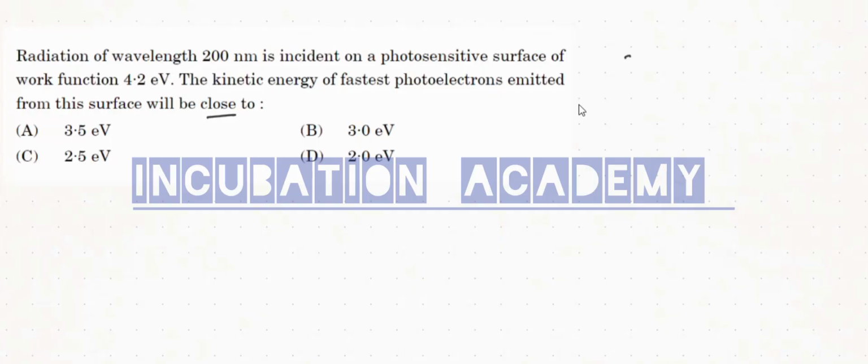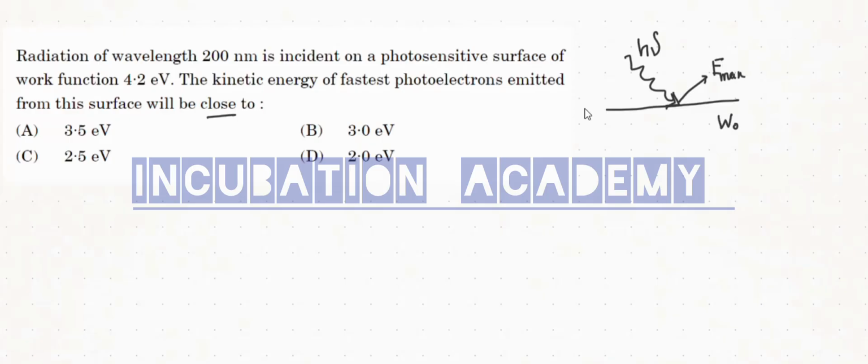If a photon is incident on a photosensitive surface, having the energy h nu, then W naught amount of energy is used up in bringing the photoelectron out of the surface, and the rest of the energy the electron keeps, which is the maximum kinetic energy.